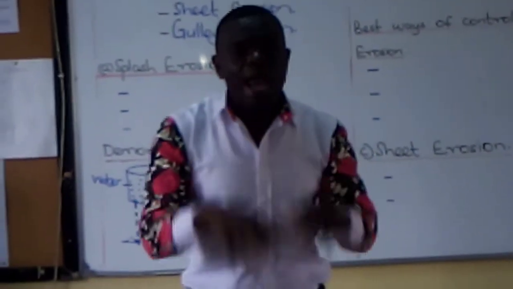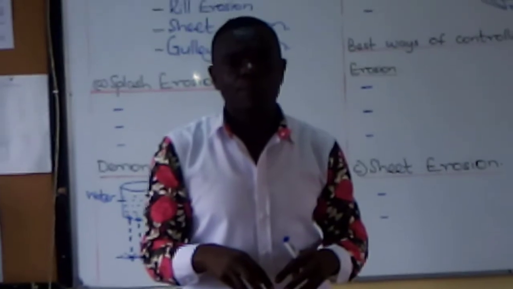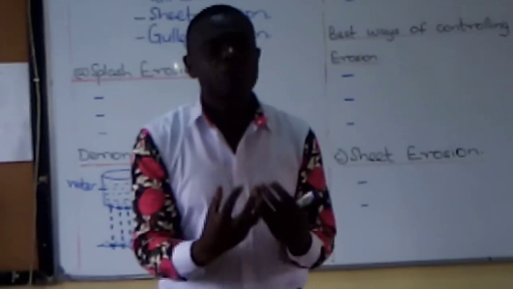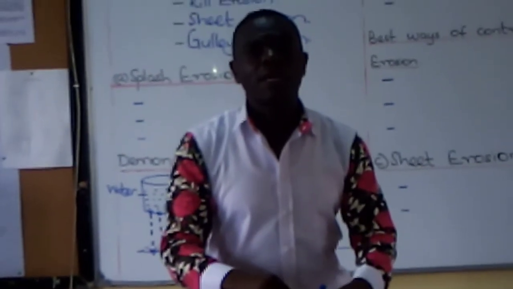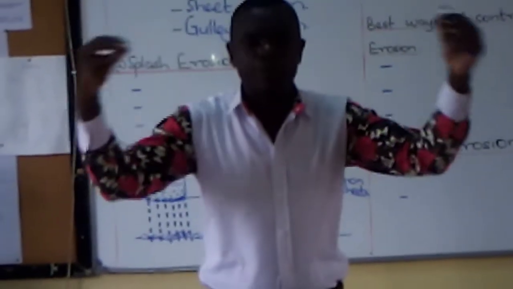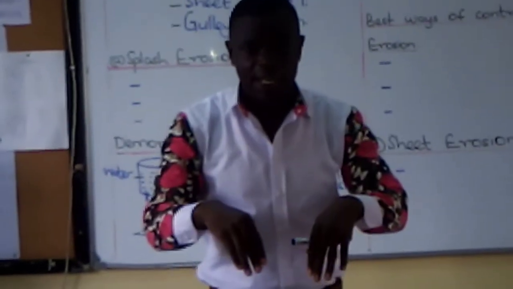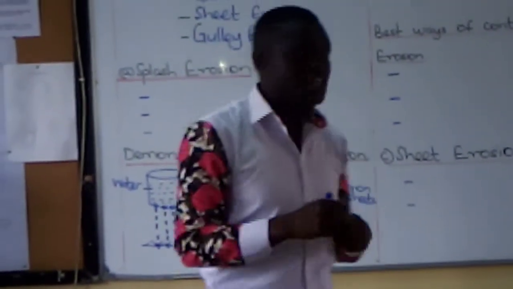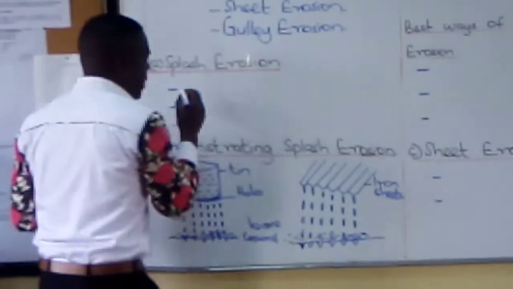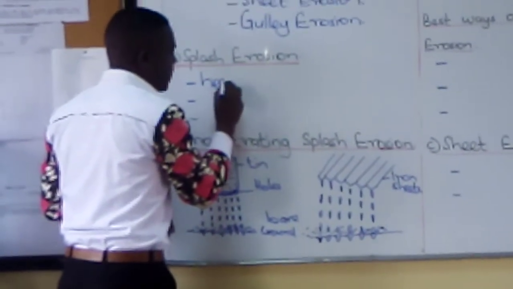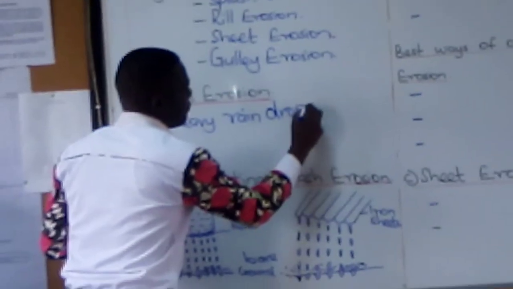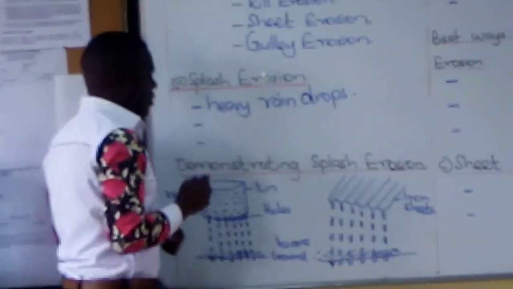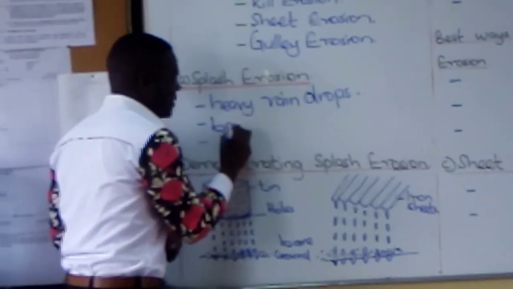Where they drop, they displace the loose soil there, and the soil is splashed out, leaving a hole. That is splash erosion, caused by heavy raindrops, normally on a bare land.